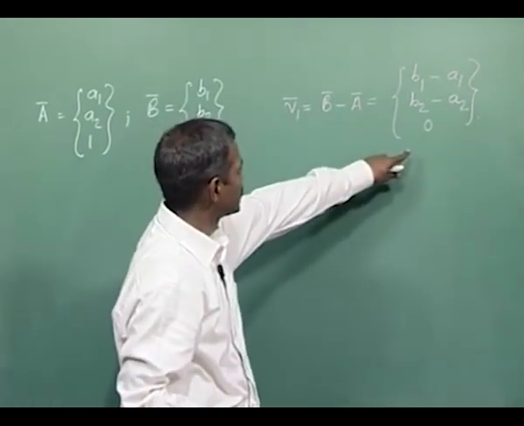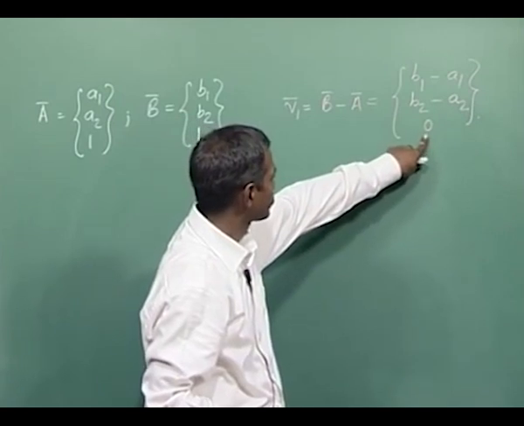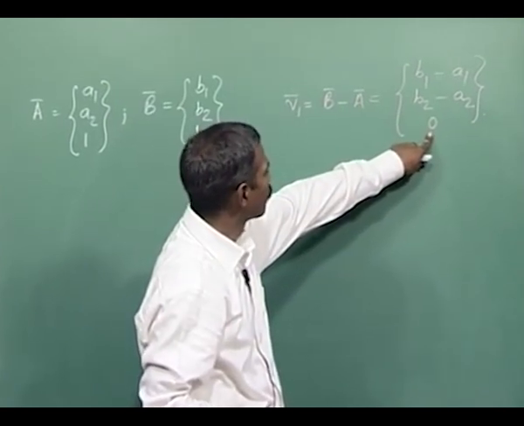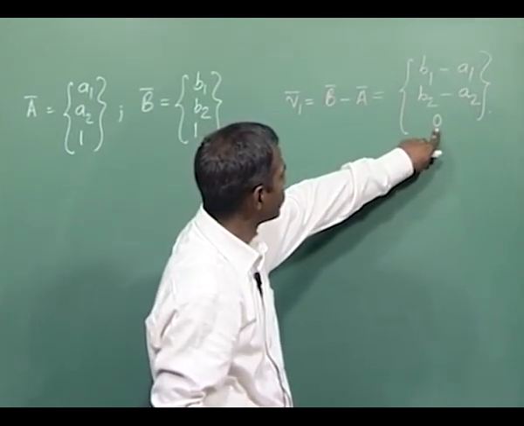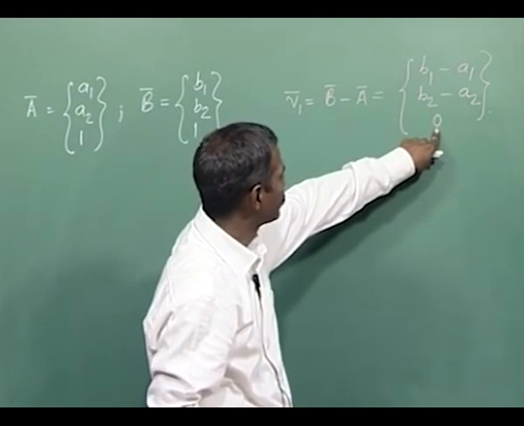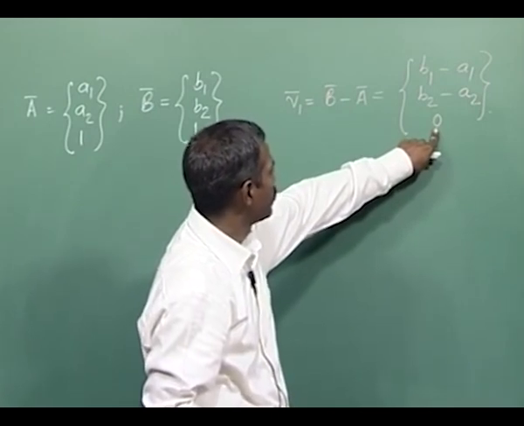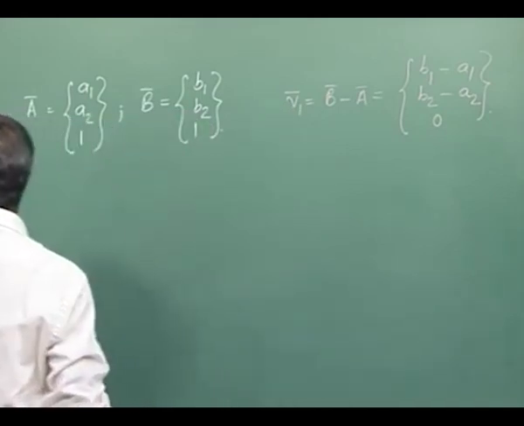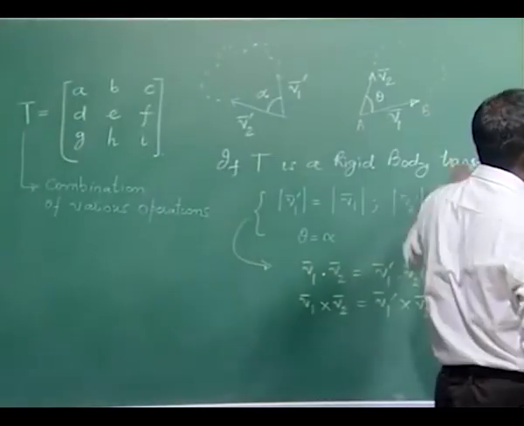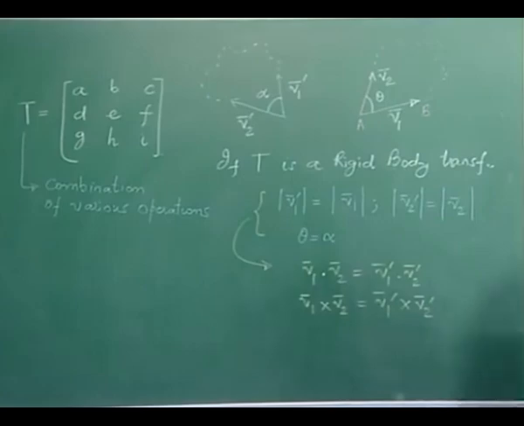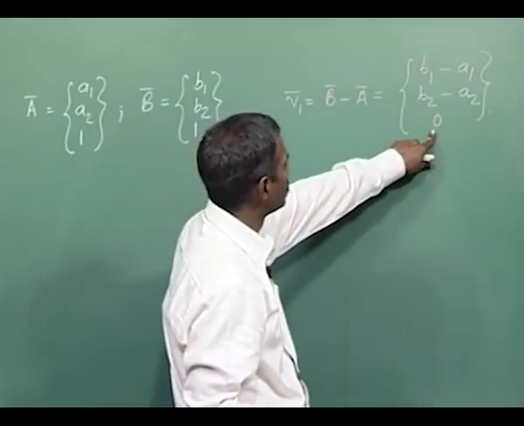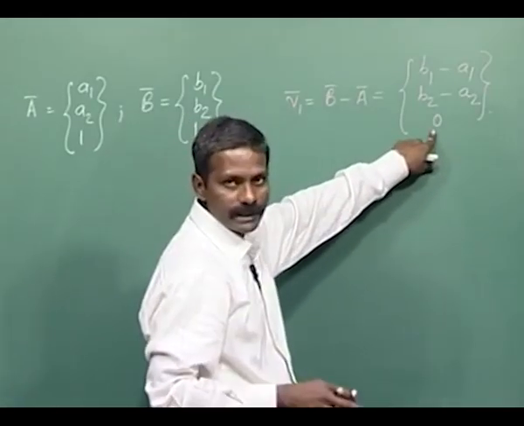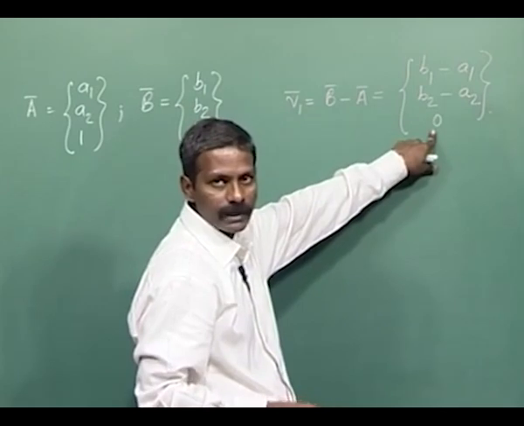Notice this entry here. For free vectors, this entry will be 0. Once again, for free vectors like V1, V2, V1 prime and V2 prime, the third entry will be 0. But for position vectors, the third entry will be 1.